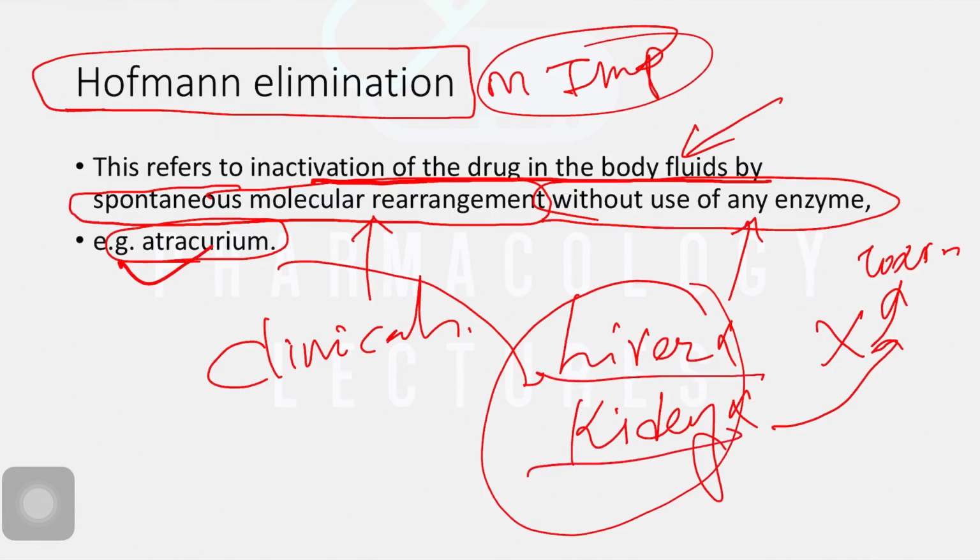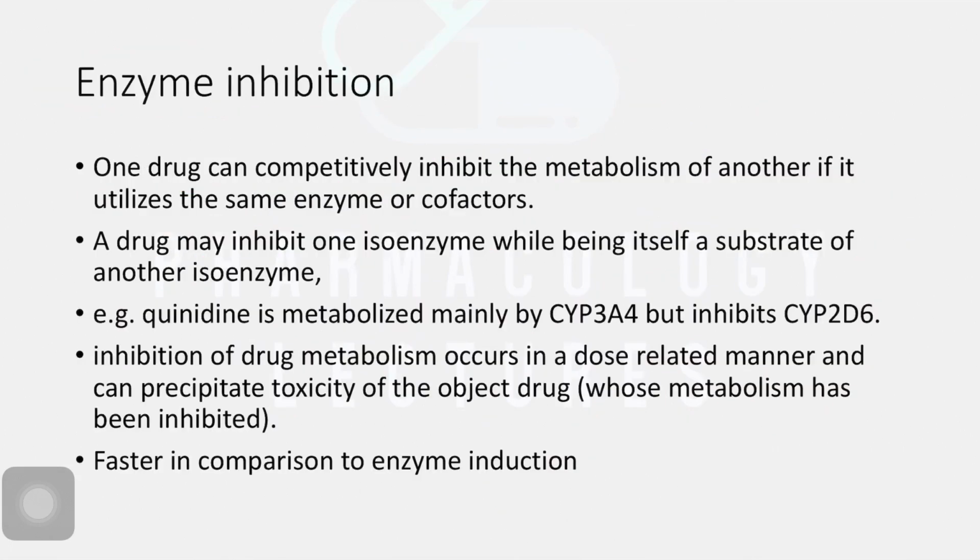Yes, because there is no role of liver or kidney; the drug gets inactive by itself through spontaneous molecular rearrangement. So the clinical importance is that you can give this kind of drug in patients with liver and kidney problems, as none of this is related to metabolism. So these are comparatively safer drugs and you can use them in patients with comorbid conditions, especially of liver and kidney.